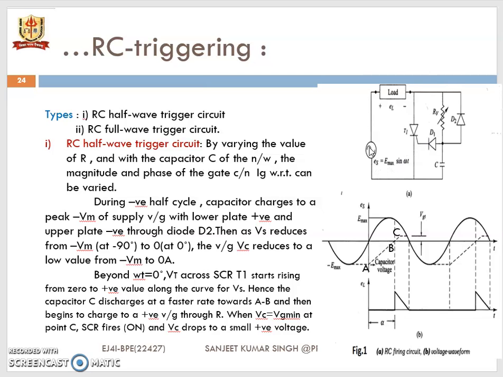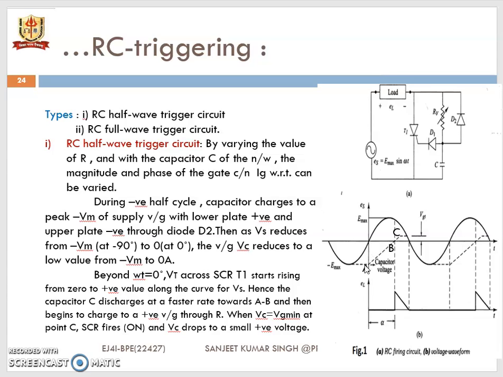During the negative half cycle, the capacitor is charged with the lower plate positive and upper plate negative to maximum voltage Vm of the supply voltage, and this charging is through the diode D2, as it offers lesser resistance as compared to the resistor here. So this is the charging path during the negative half cycle.